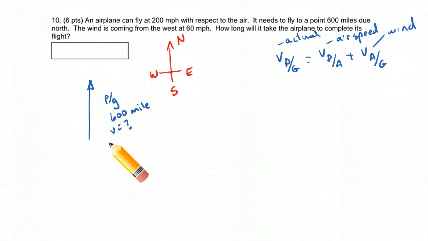I'm going to draw it up here, and I could also draw it down here as well. But there's my out of the west direction. That's the air with respect to the ground. We know its velocity, 60 miles per hour.